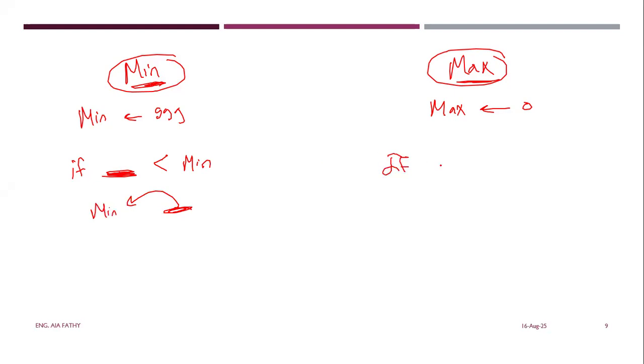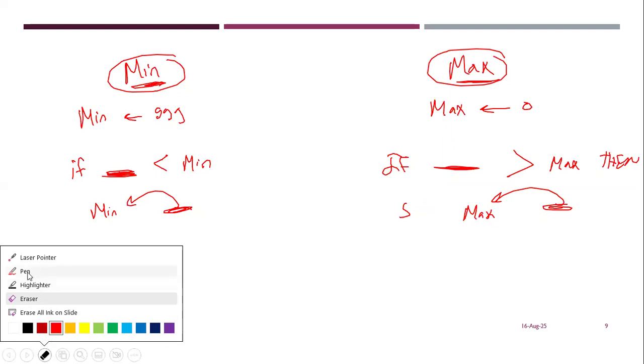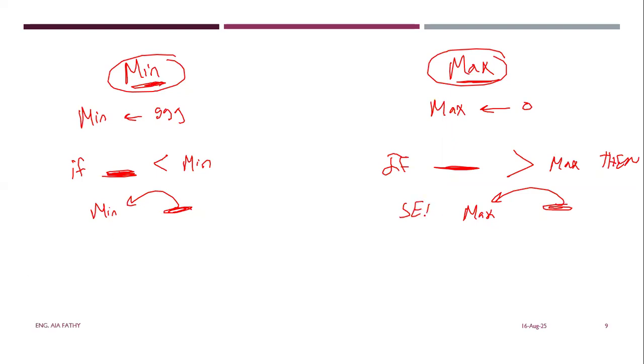And if anything you are searching for, temperature, score, anything, is more than maximum, then you will assign this to maximum. Or you will say set maximum to the thing which you found more than maximum. Set maximum to this thing.